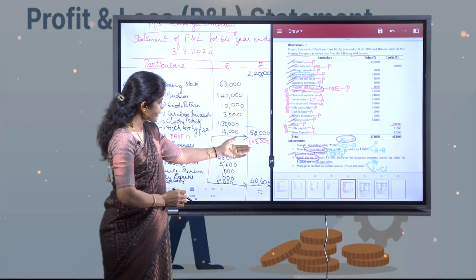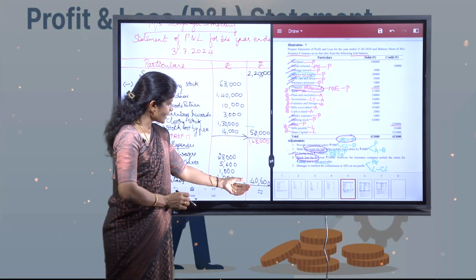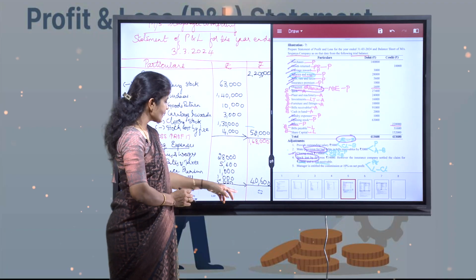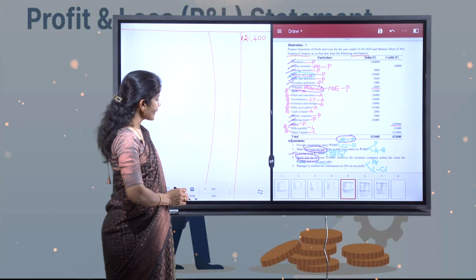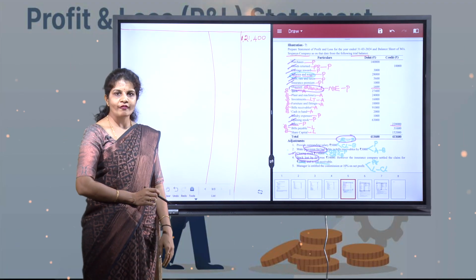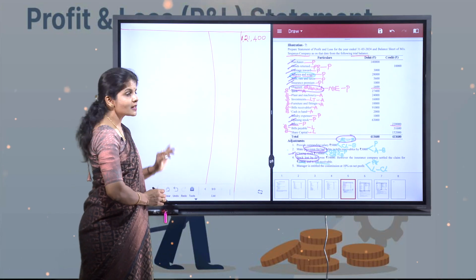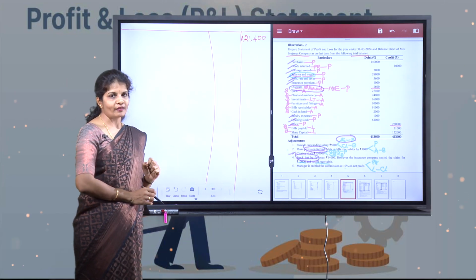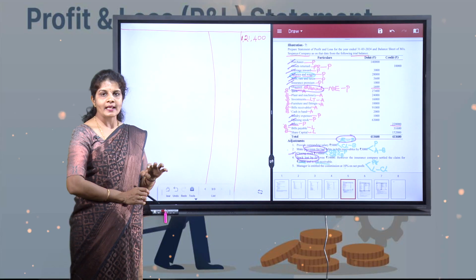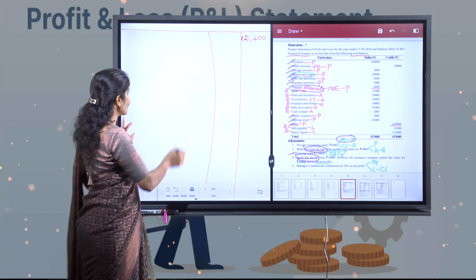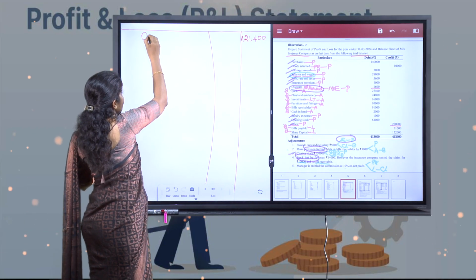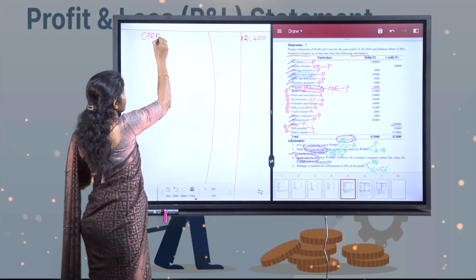That is 1,68,000 minus 40,600. So you will get 1,21,400. So this is called operating profit, because directly we are taking it as operating profit as there is no depreciation. This is operating profit.